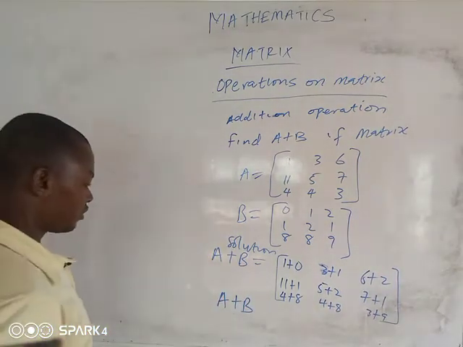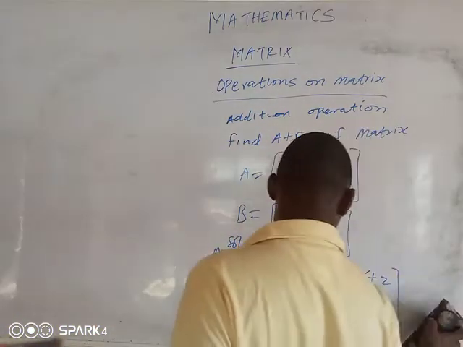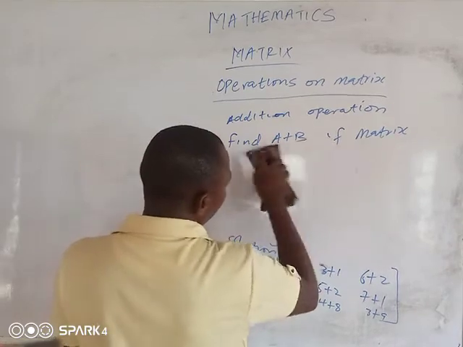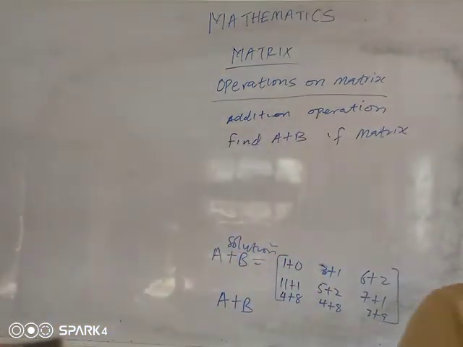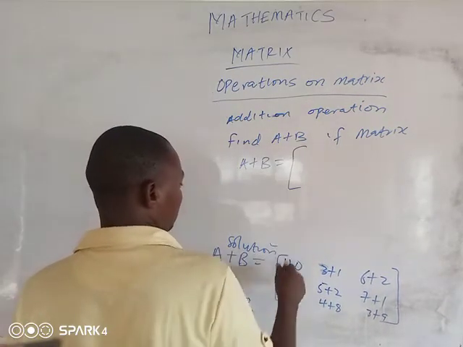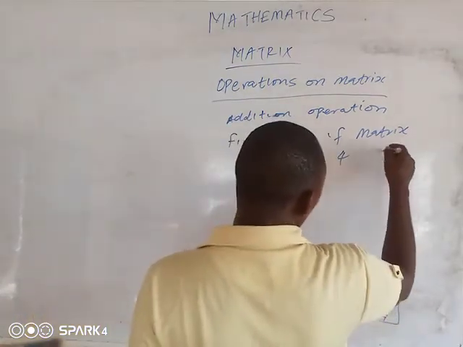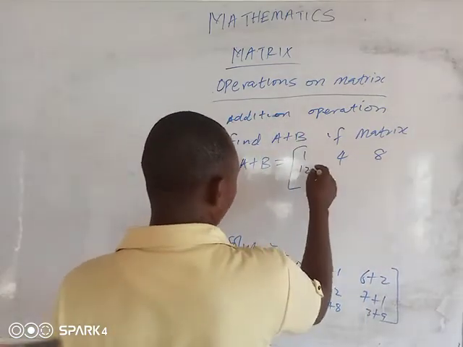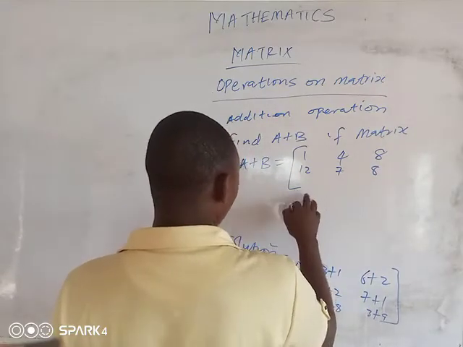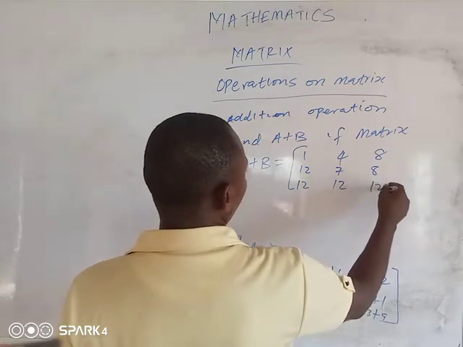So A plus B, or let me write it up. So A plus B is equal to 1 plus 0 will give us 1, 3 plus 1 will give us 4, 6 plus 2 will give us 8, 11 plus 1 will give us 12, 5 plus 2 will give us 7, 7 plus 1 will give us 8, 4 plus 8 will give us 12, 4 plus another 8 will give us 12, we have 12.